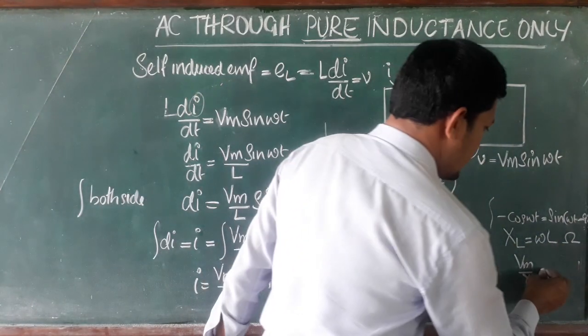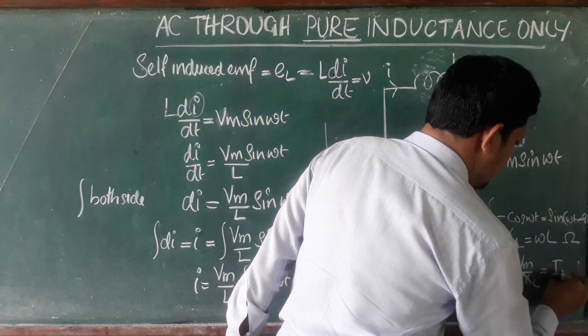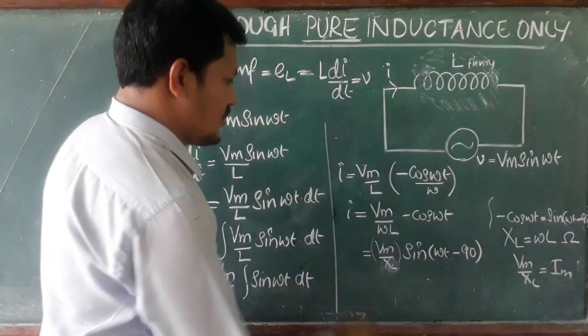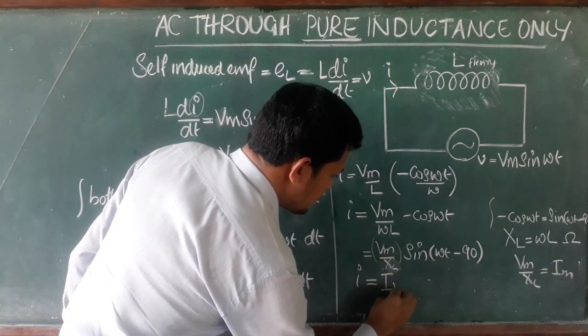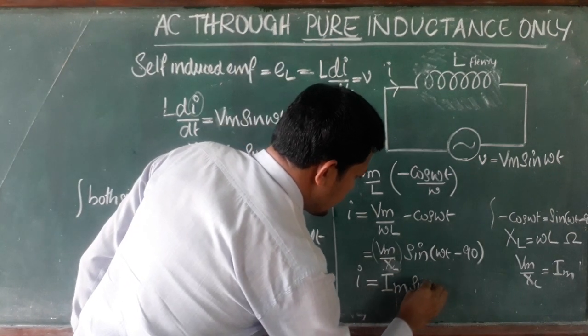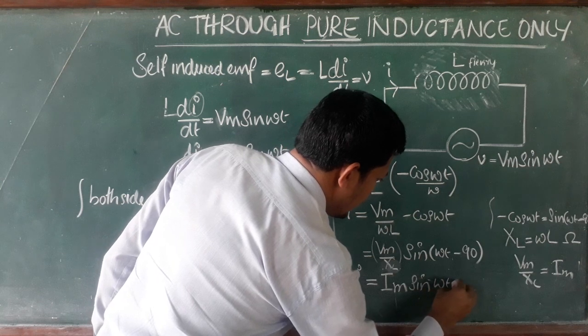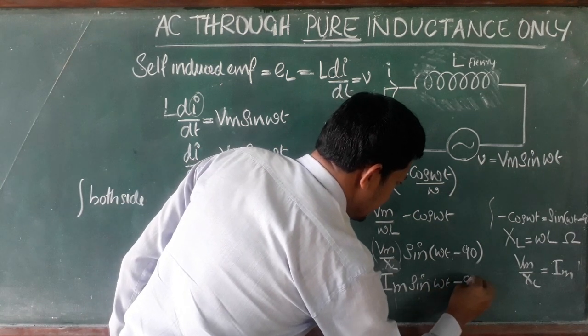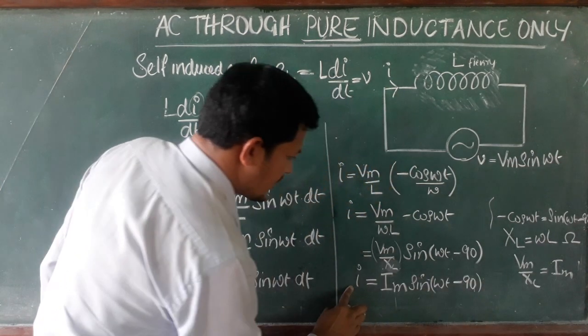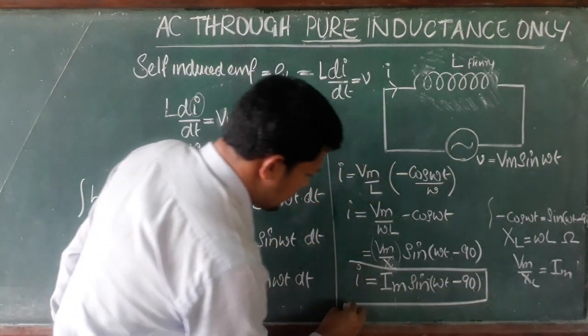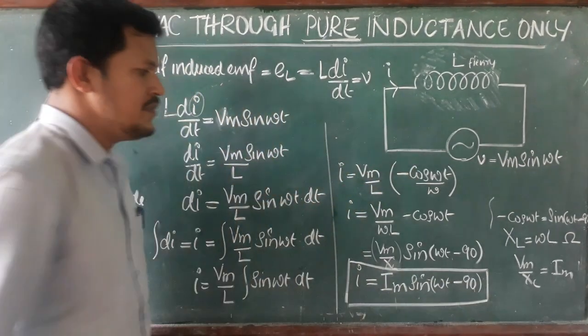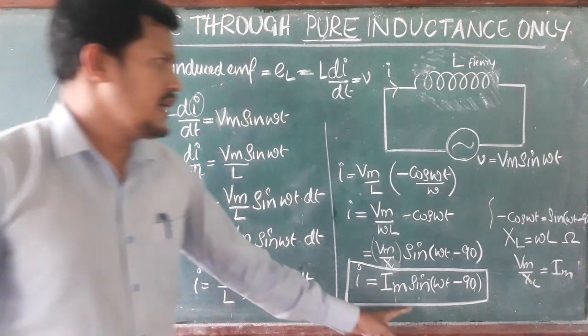So Vm by XL equals Im. Clear? So I am replacing. So I equals Im sin omega t minus 90. The expression for I equals Im sin omega t minus 90.